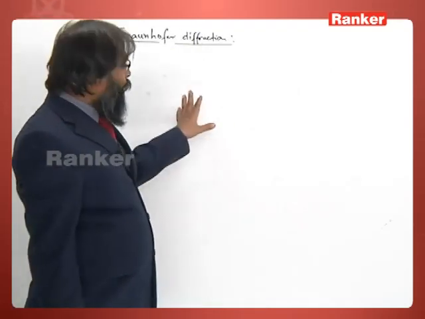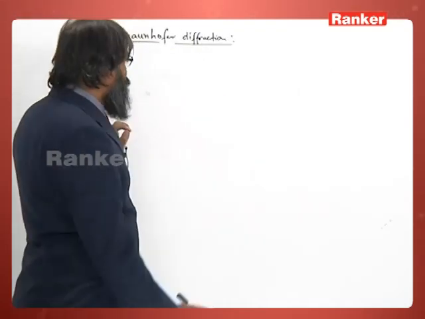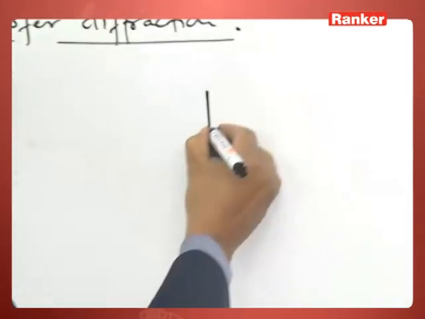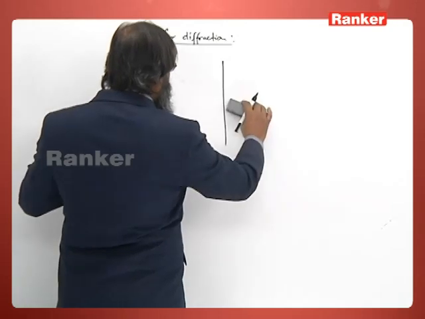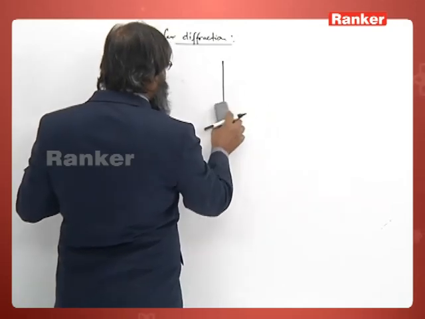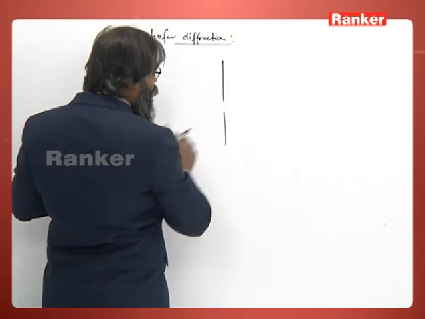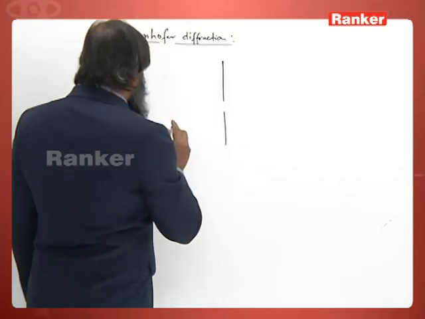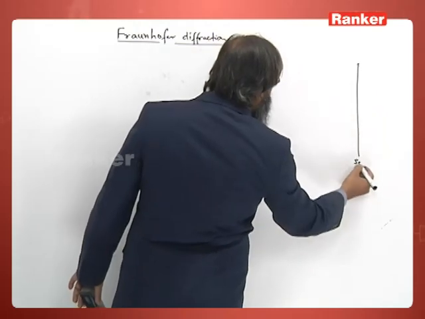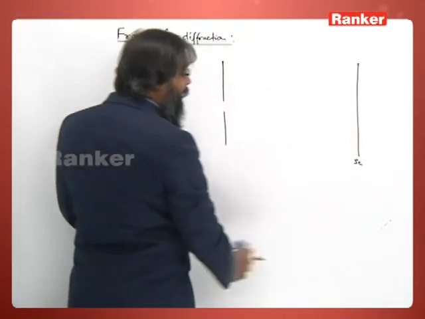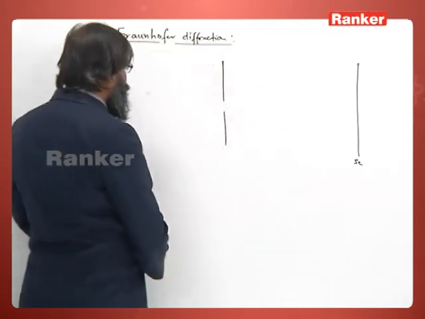Now in Fraunhofer diffraction, this is a small obstacle; the obstacle here is an opening. You see this is an opening created here, and this is my screen. Here I am going to study the diffraction pattern.